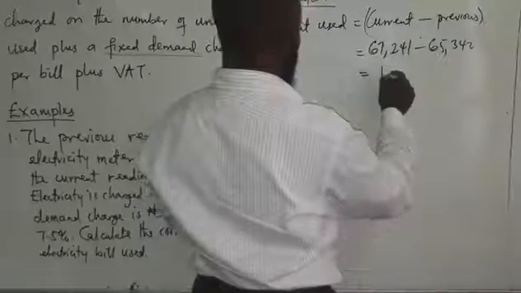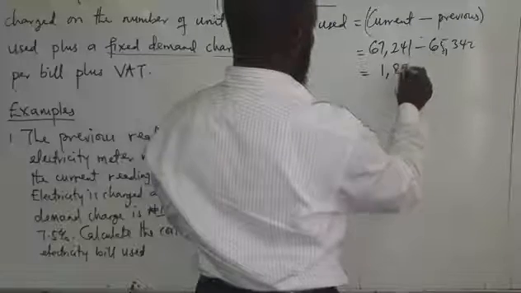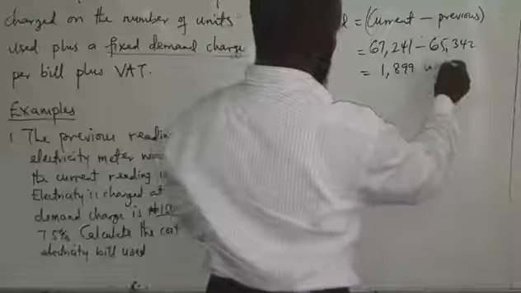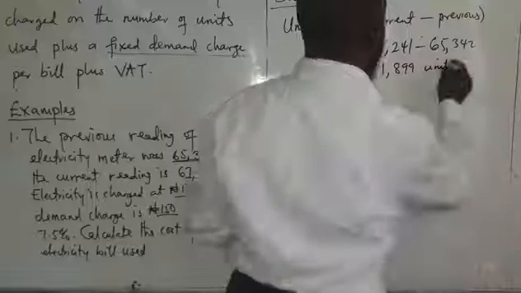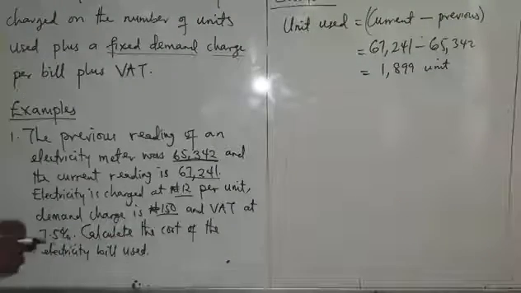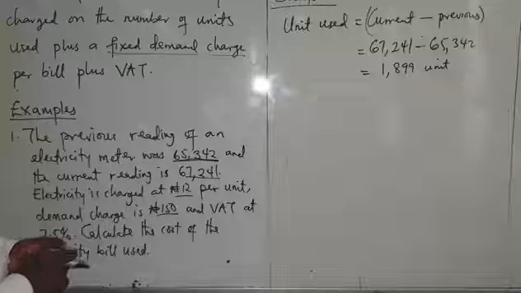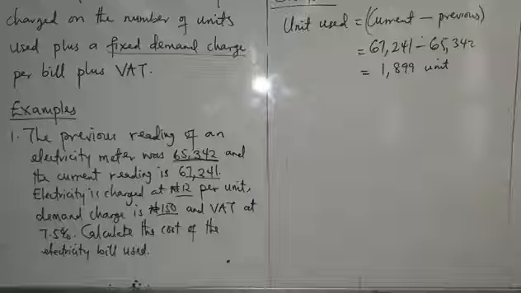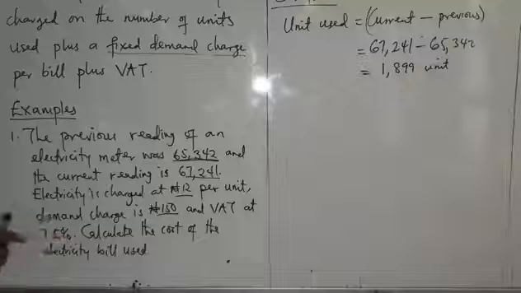You've consumed 1,899 units. So that is the units used, consumed. You have consumed 1,899 units.